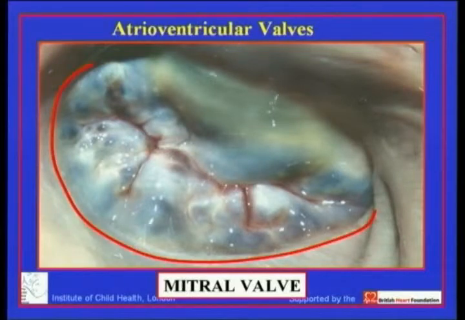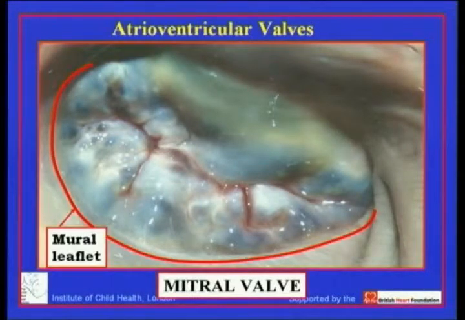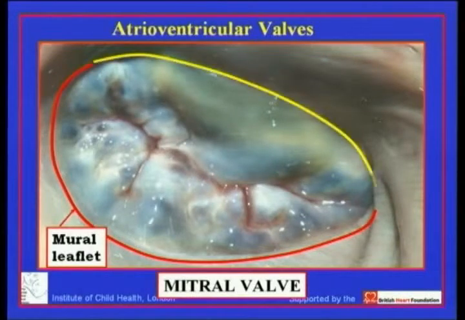And what you can see is that there is a mural part of the annulus into which inserts the vestibule of the left atrium. And note that the mural part of the annulus occupies 2/3 of the overall circumference of the mitral valvar orifice.